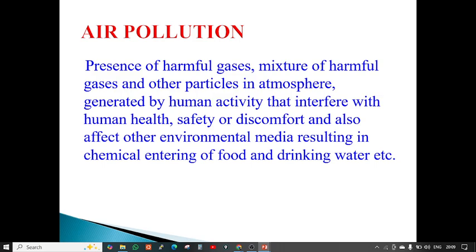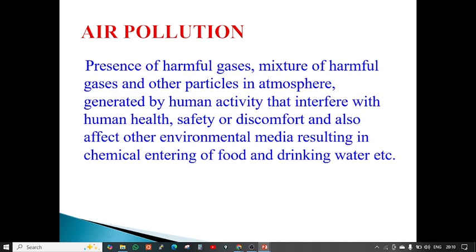This mixture of harmful gases and other particles, like dust, present in the atmosphere creates interference with human health and safety, causes discomfort, and affects other environmental media, resulting in chemicals entering food and drinking water. Whenever you see a dusty or smoky environment, you cannot breathe freely; you feel some suffocation.